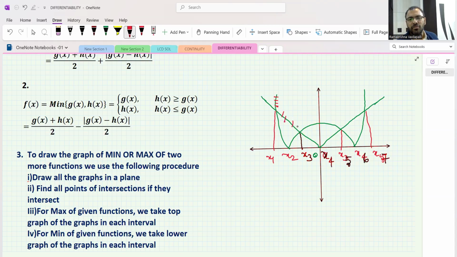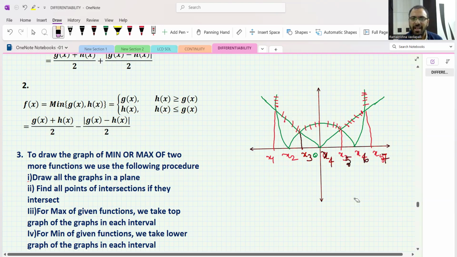You just strike it up. Between x3 and x5, this is the maximum graph. Between x5 and x7, this is the maximum graph. And for more than x7, this is the maximum graph. Whatever portion we have left is the minimum of the functions.